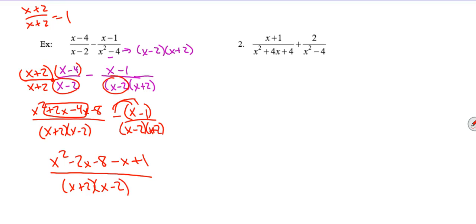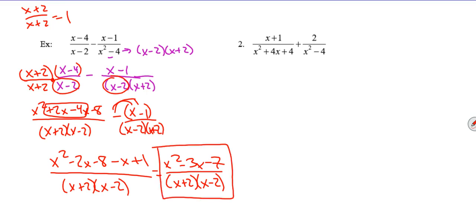So what do we have here? We have x squared minus 3x minus 7 all over x plus 2, x minus 2. Are there any factors of 7 that will subtract to give me 3? No. So the numerator will not factor, so I know that I'm done.